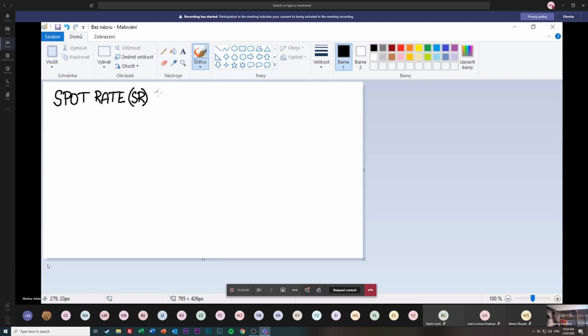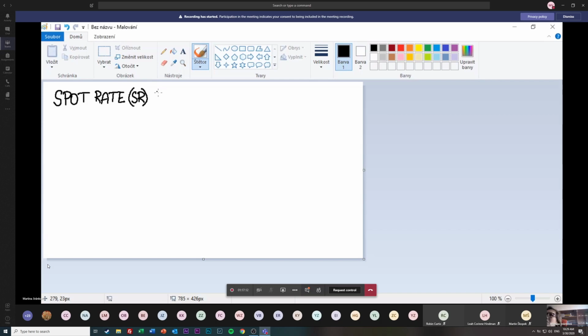That means I will conclude some contract with you and we will exchange currency. That means within 2 days, because it takes some time before the currency comes into your account. But that means spot rate. We concluded the contract and exchange currency immediately.